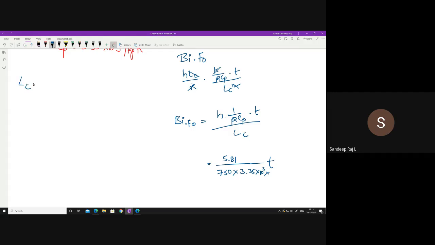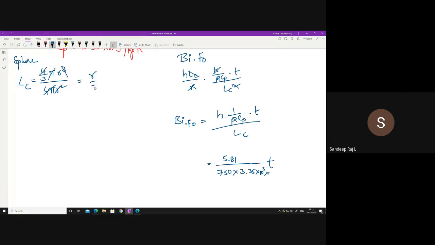Now, what is the Lc value for a sphere? You have to calculate it. So, how do you calculate it for the sphere? It is 4 by 3 pi r cube by 4 pi r square. Okay, this 4 pi goes, this one goes.